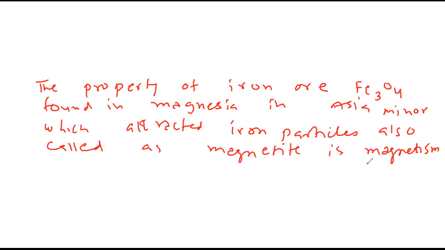So the property of iron ore Fe3O4, which is magnetite, is called magnetism.